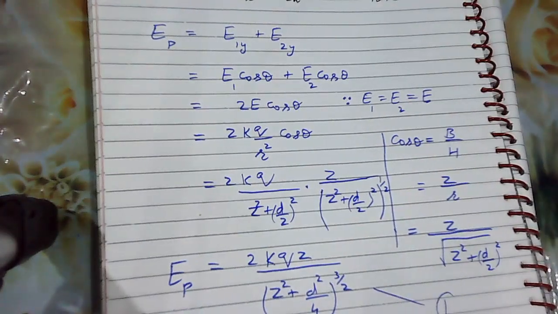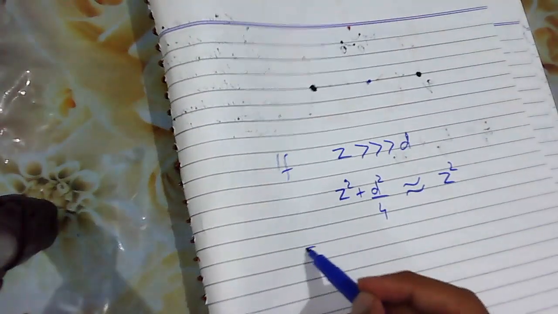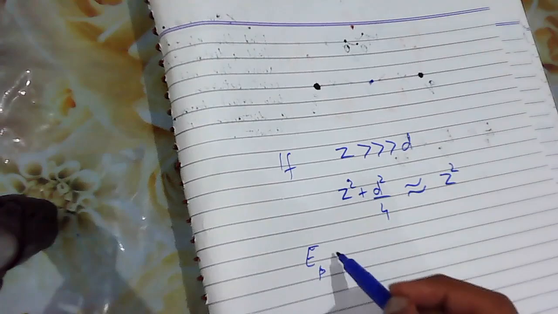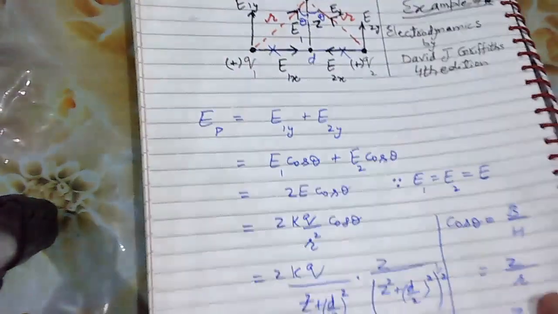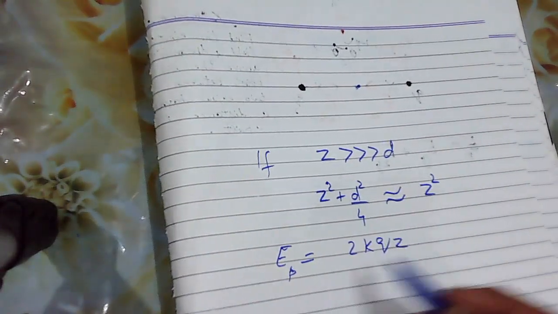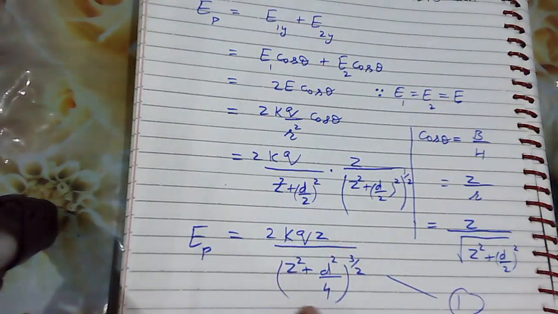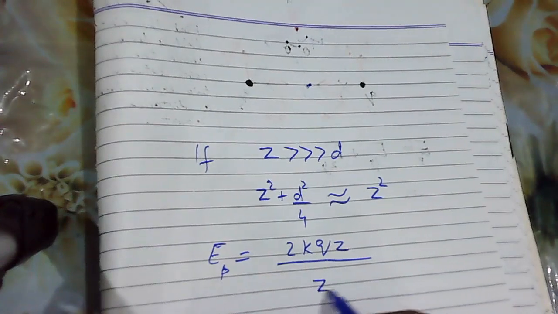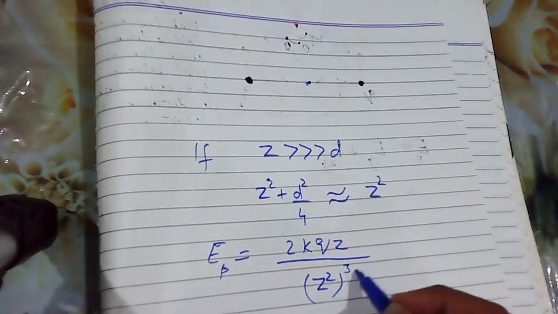So this equation number 1 now becomes: the electric field at point P will be equal to 2kqz divided by this quantity replaced by z square, and the power 3 by 2 written as it is, z square whole power 3 by 2.